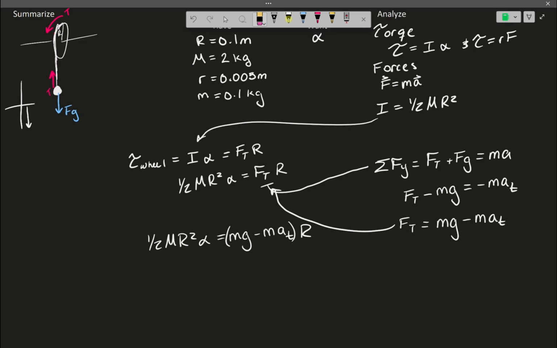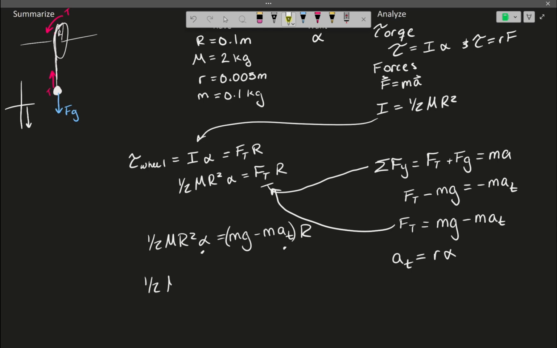The next thing that I see is I have another issue here. So I see that I have an angular variable on the left-hand side, but I have a tangential variable on the right-hand side. So I need to convert my tangential acceleration into angular acceleration. So to do that, I'm just going to replace my tangential acceleration with r times alpha.